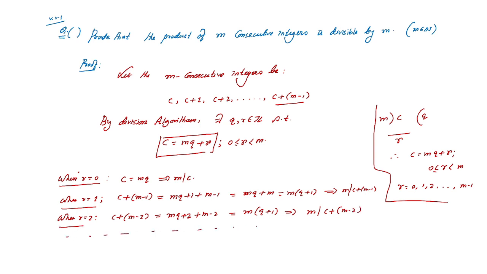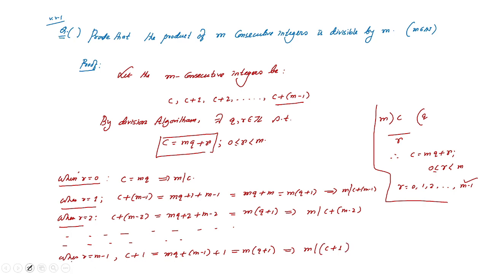In that way, we continue till r equals m minus 1, the last possibility. Here c will be mq plus m minus 1, so c plus 1 is mq plus m minus 1 plus 1. Again it will be m into q plus 1, and that implies m divides c plus 1.